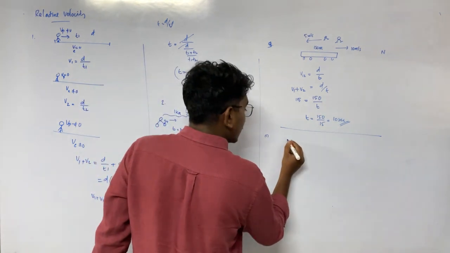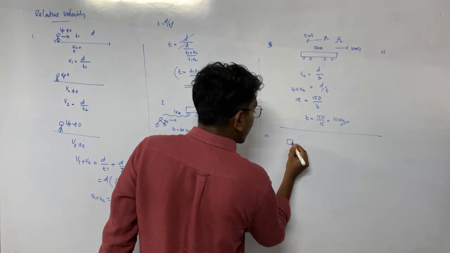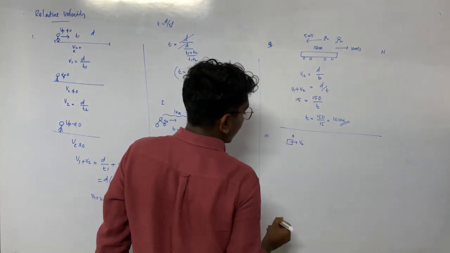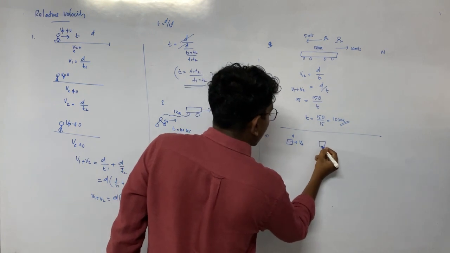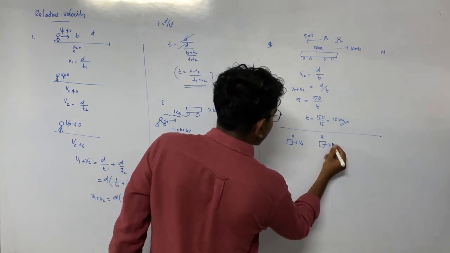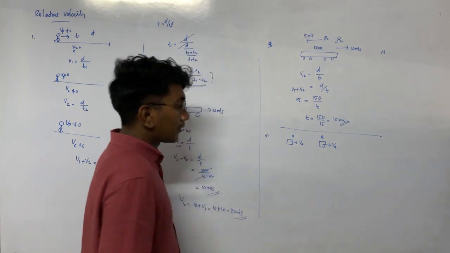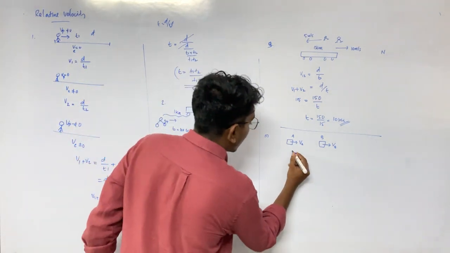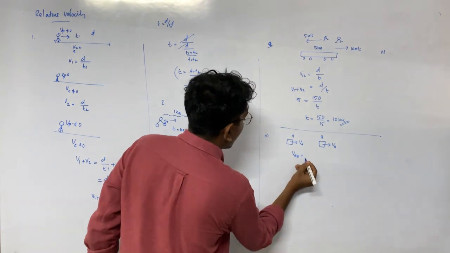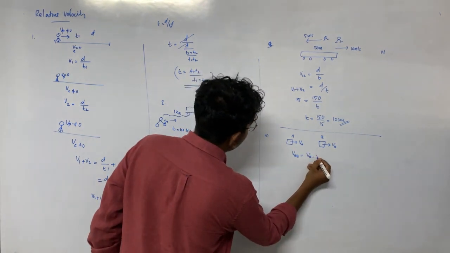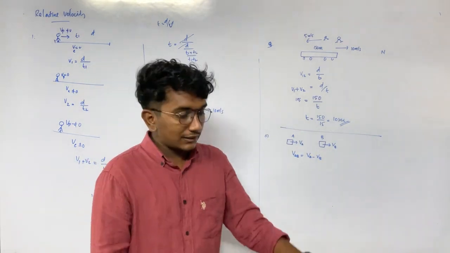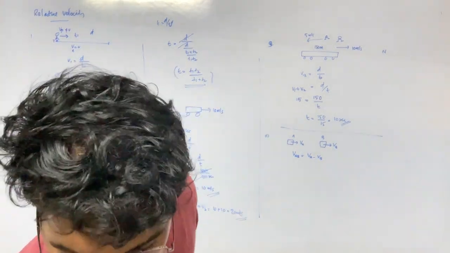Case number 1. This body is named A. It is moving in this direction with velocity VA. This is body B, which is moving in this direction with VB. Relative velocity of A with respect to B, I will call it VAB. How much is that? VA minus VB, since they are moving in the same direction. Look at this. I will take 2 markers.